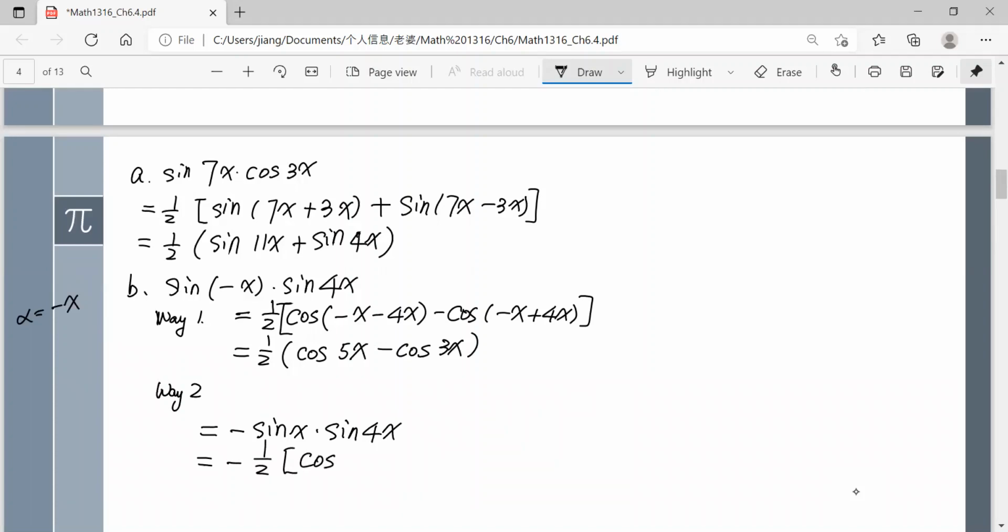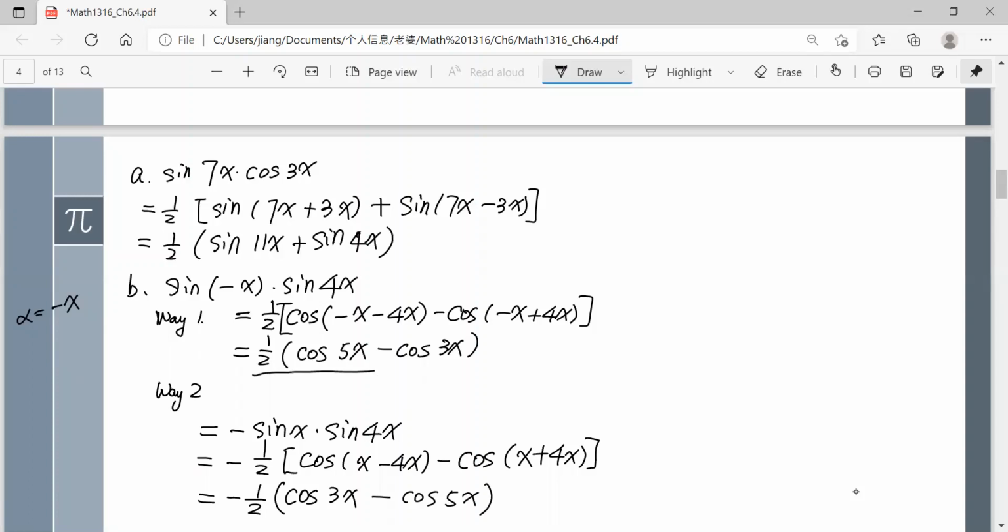This is cosine x minus 4x, minus cosine x plus 4x. This one equals negative 1/2 times cosine. x minus 4x is negative 3x, and cosine negative 3x is cosine 3x. Then minus cosine 5x.